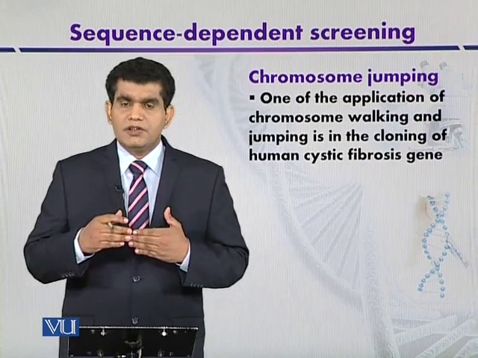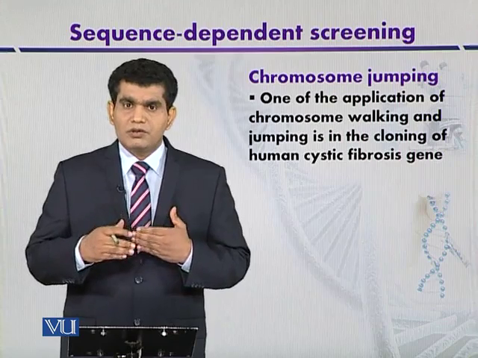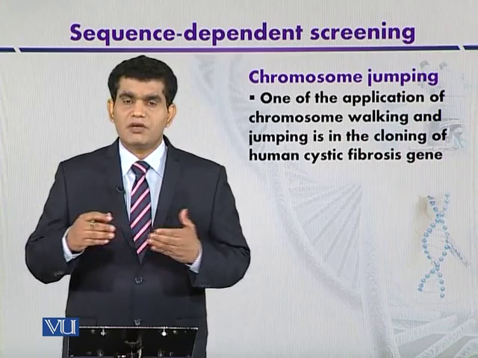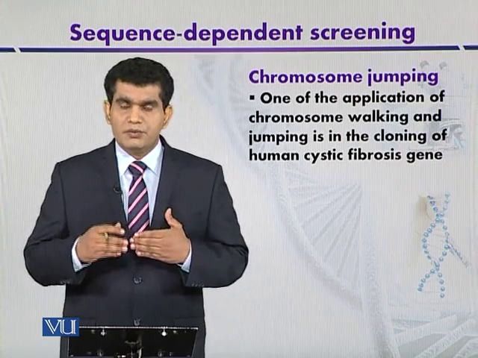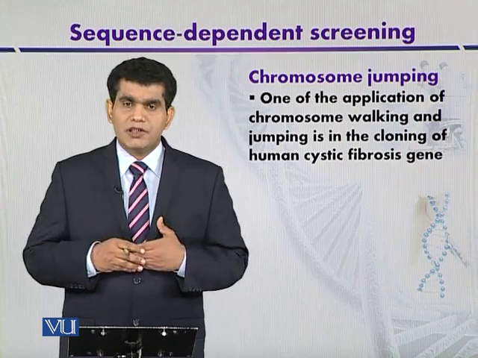So the gene of cystic fibrosis can be cloned for the detection of this genetic disorder. So this is one of the applications where we can use chromosome walking and jumping to detect human genetic disorders.